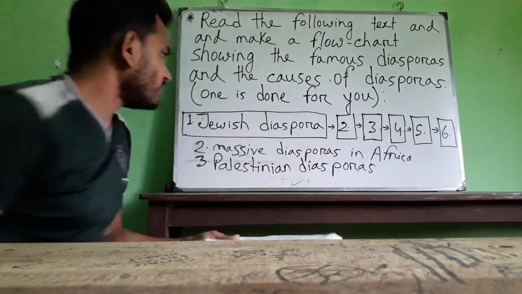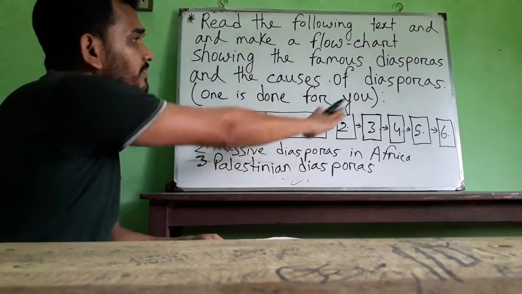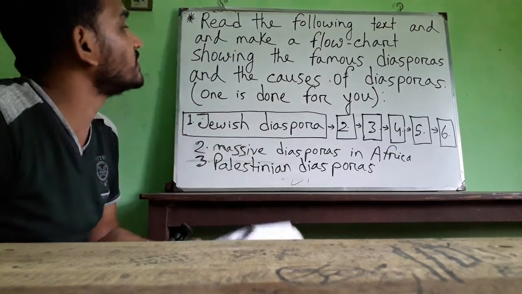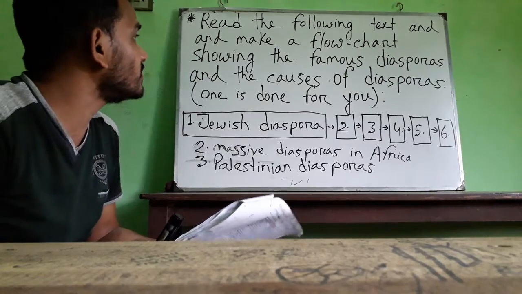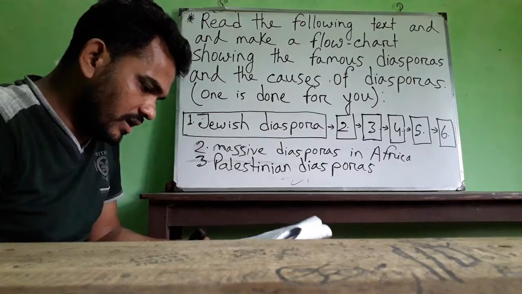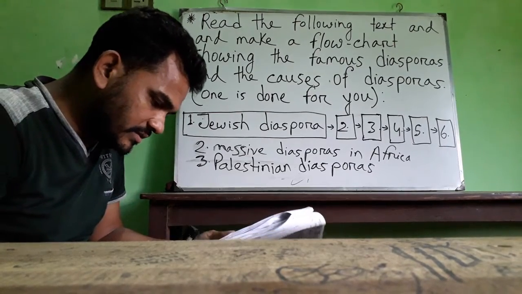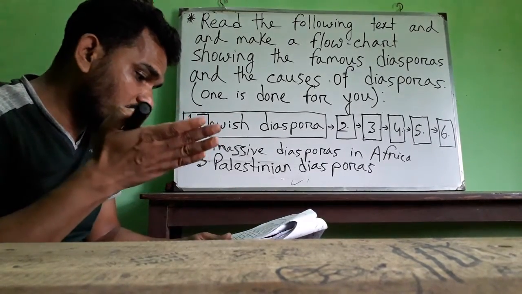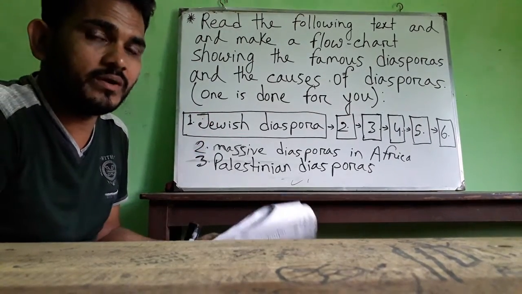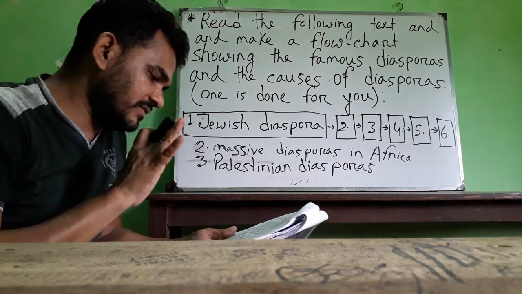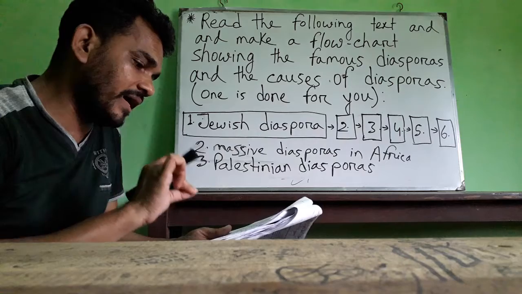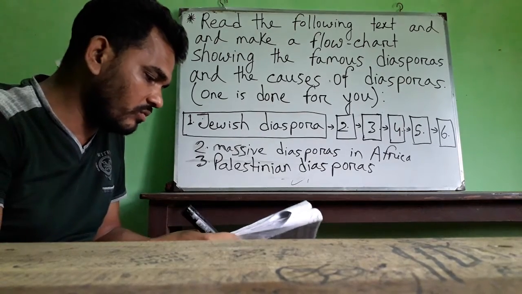So, in the next 3 boxes, we will write about the causes, the reasons of diasporas. That means why the people of the world become diasporas. In the first sentence, the people who have left their homelands and settled in other parts of the world.